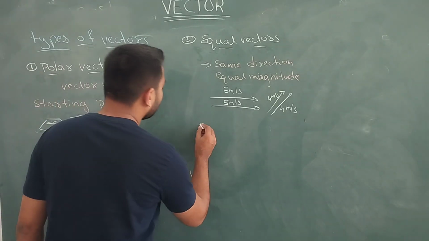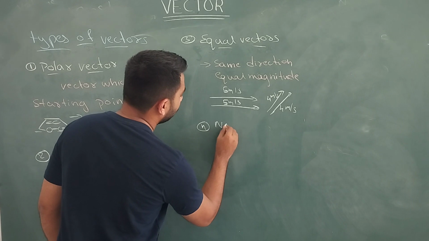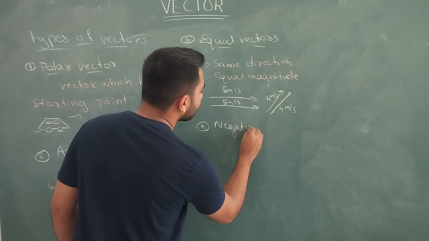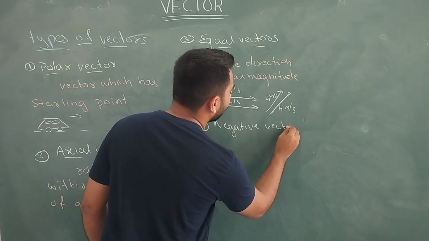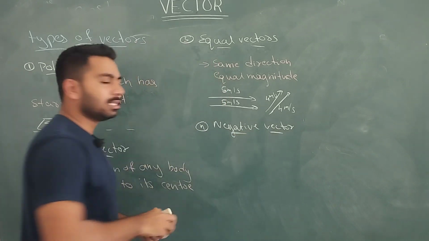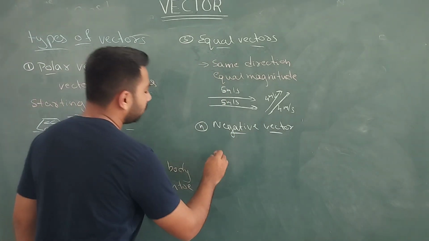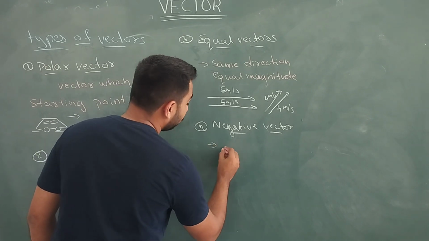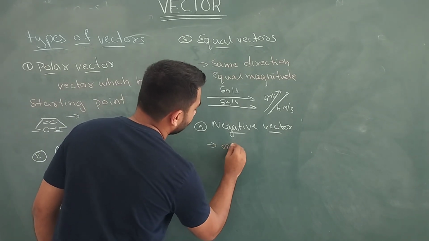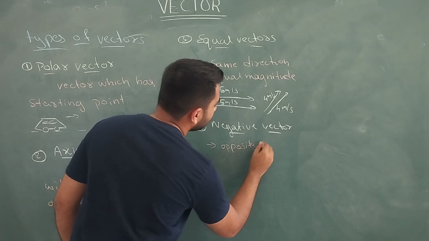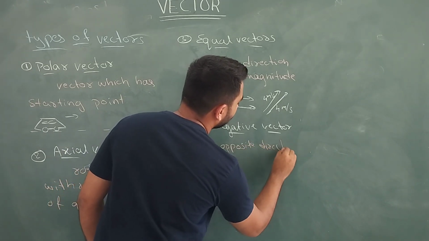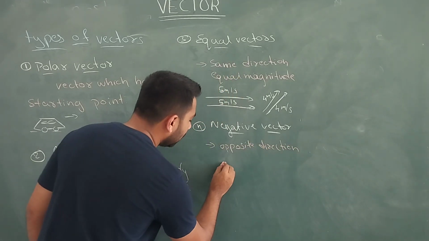Similarly there is one more thing, negative vectors. Just simple: equal magnitude, opposite direction.